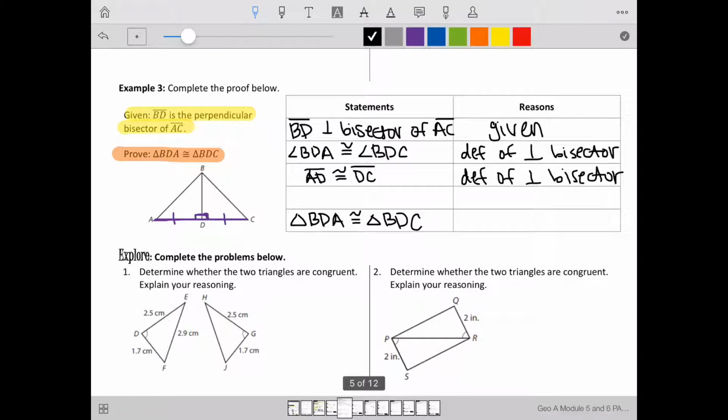But we need one more side to be able to use side, angle, side. Right now we have a side and an angle. We need a third side. Well, just like in last class, BD is one line that is part of both triangles. So we can use the reflexive property to say that BD is congruent to itself.